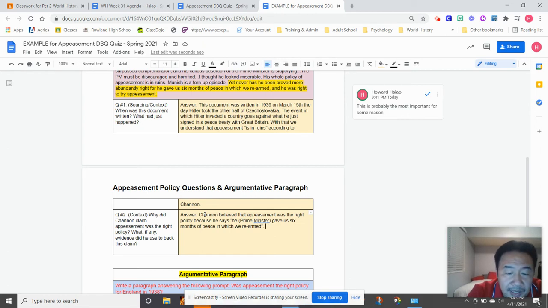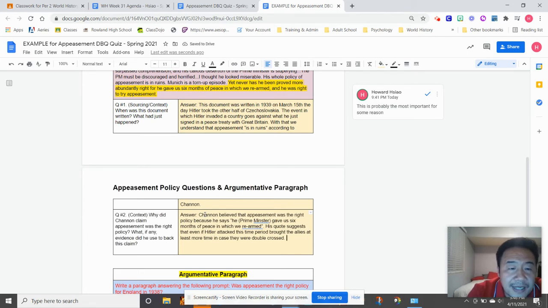So his quote suggests that even if Hitler attacked, this time period brought the Allies at least more time in case they were double crossed. They were.